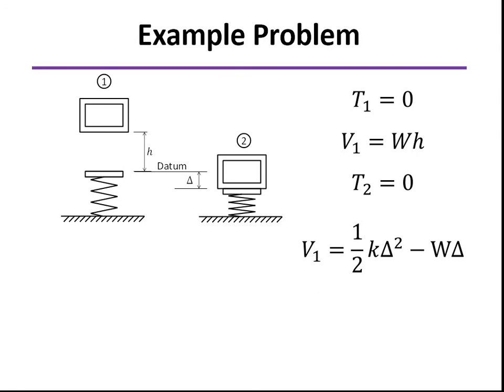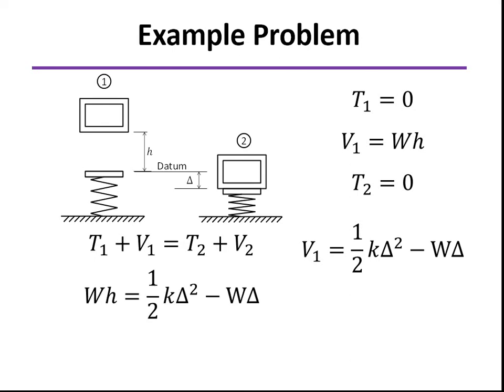Remember that we have the 1/2 K delta squared, the energy that's now stored in the spring, but also the weight is now below the datum, and so we have the minus W delta as a term there. So now we set the total energy at 1 equal to the total energy at 2. And rearranging the terms a little bit, you can see that we have a quadratic equation to solve for delta.